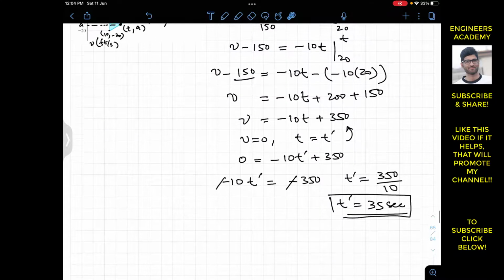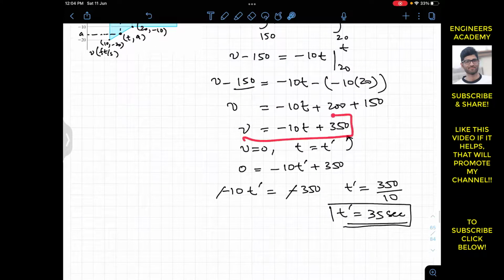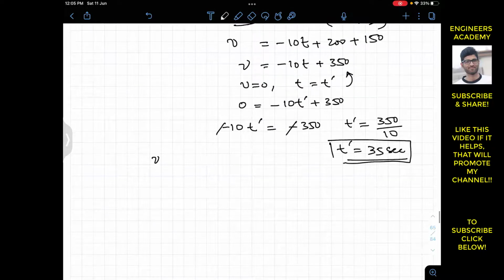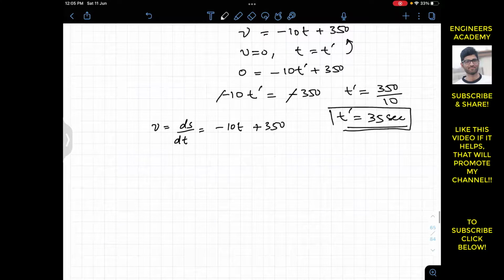So now we have the velocity. This is the velocity equation. So now we can write that the velocity, which is equal to ds by dt, is equal to minus 10t plus 350, and from this we can write that ds is minus 10t plus 350 into dt.